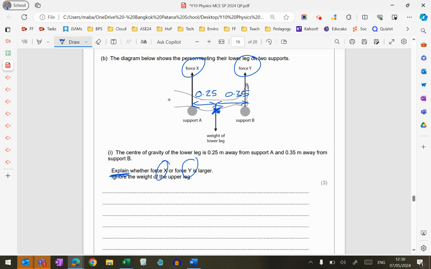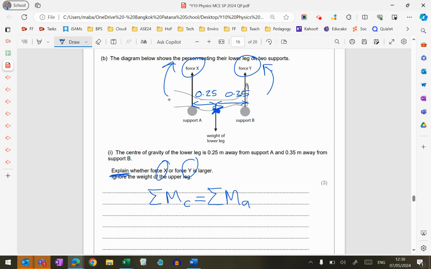So now you can see that we can invoke the principle of moments, which is that the sum of the clockwise moments is equal to the sum of the anti-clockwise moments. Now, if you think about it in terms of the pivot, force X is the force that's trying to make it go clockwise. Force Y is trying to make it go anti-clockwise.